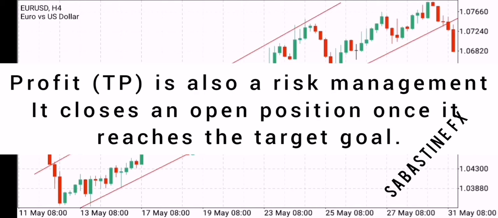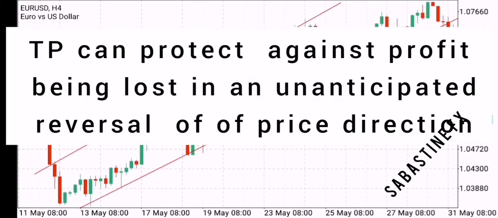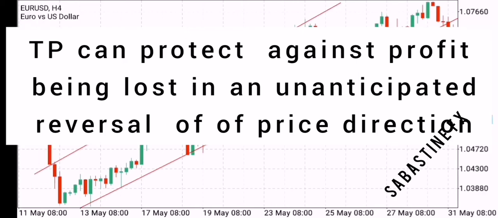What is a preset profit goal? The expected profit you want from that open trade. This can protect against profit being lost in an unanticipated reversal of price direction.